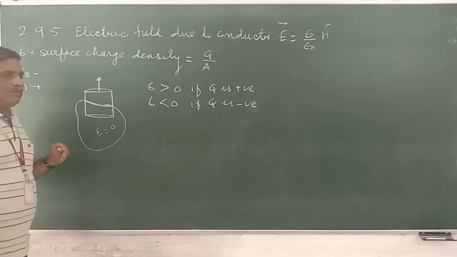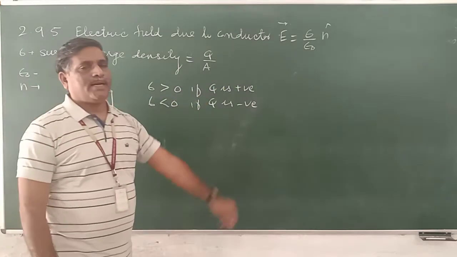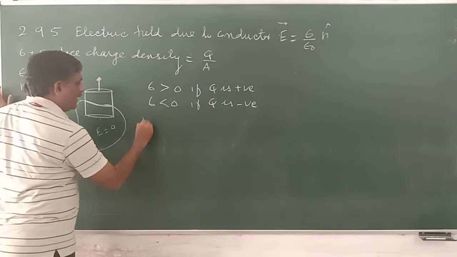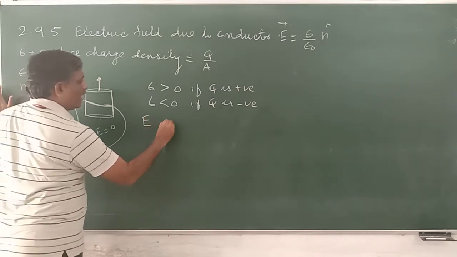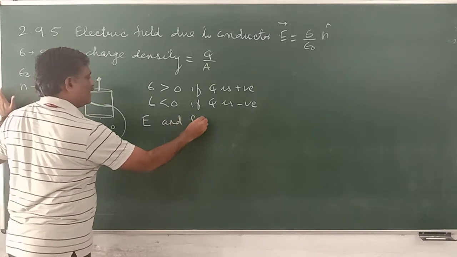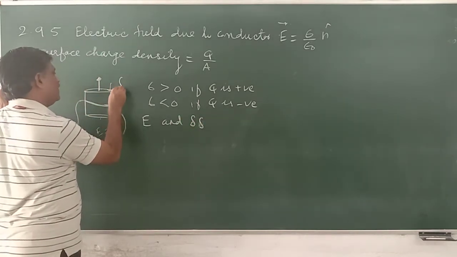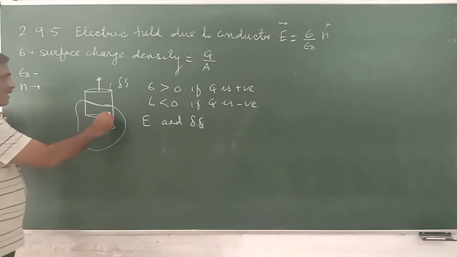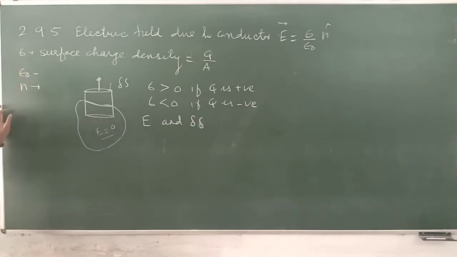Let us see now. We can derive this expression by considering the Gaussian surface. E is the electric field and delta S is a small area. The flux is only because of the outside part of the cylinder, because the inward part of the cylinder is inside the conductor where E is equal to 0.